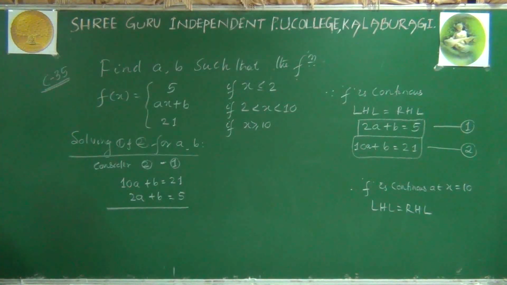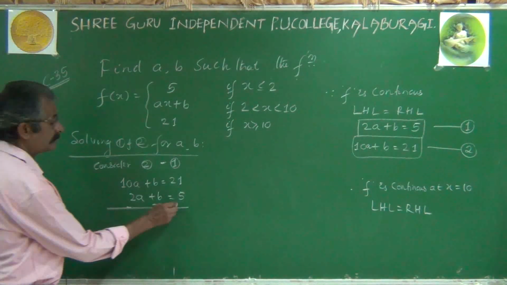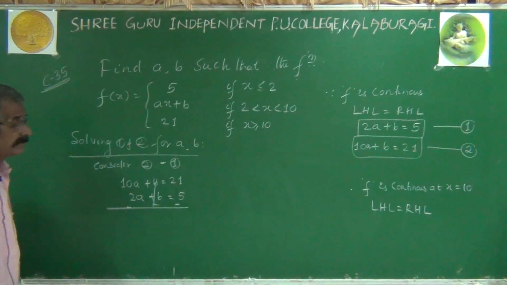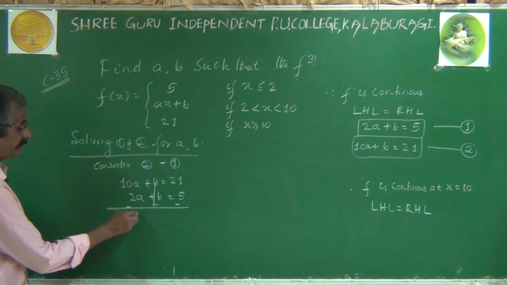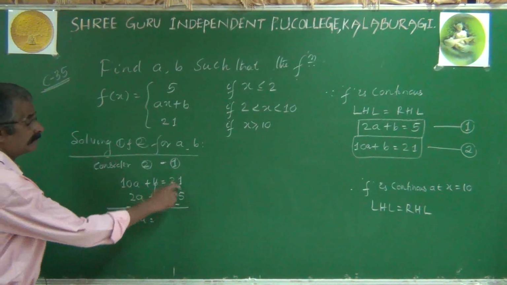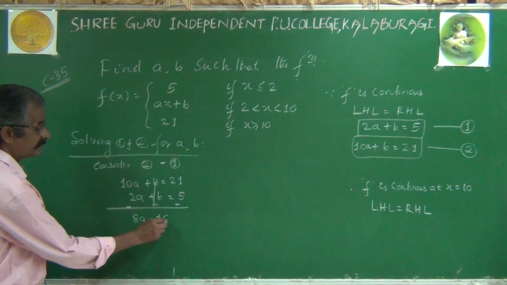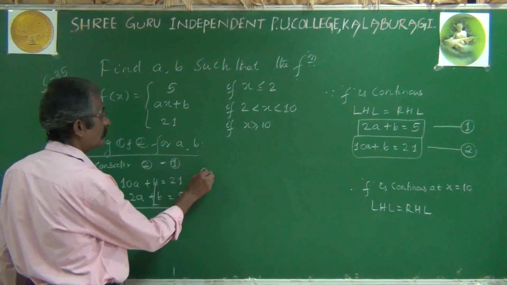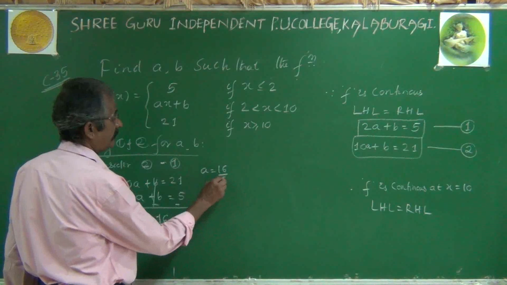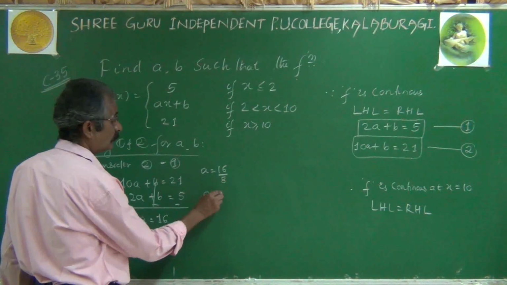But we are subtracting, so minus, minus, minus. b cancels. 10a minus 2a, 8a. 21 minus 5, 16. So 8a equals 16, or a equals 16 divided by 8, or a equals 2.